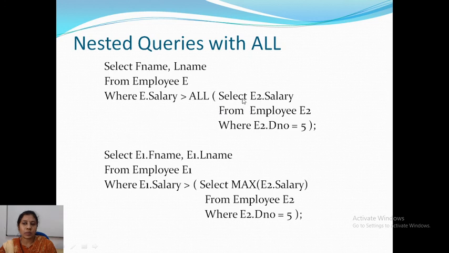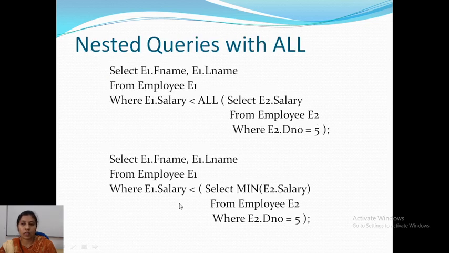But in the previous one, it will give you a set of values. If you are comparing with a set of values, then you can use all, any or some. But here only one value is given, so we can just use greater than. Don't write greater than all, because only one value is there. So simply you write greater than.